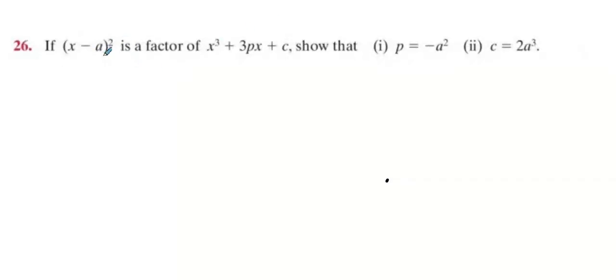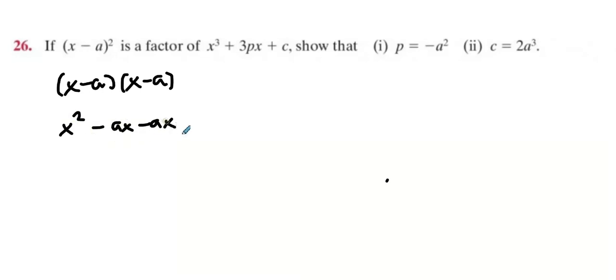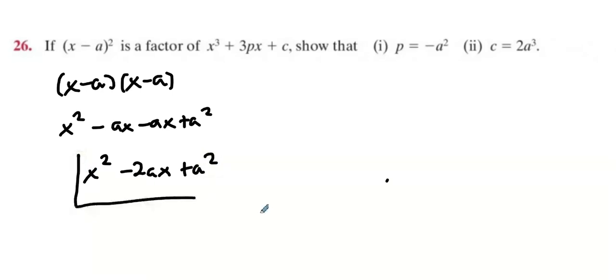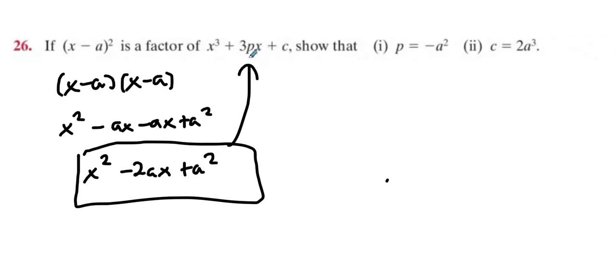The way this one differs from the other one is that at the very beginning, you should multiply the two of them by each other, and we're hoping you'll get something like this. Now, what we're saying is that this thing in the black box divides equally into that one there.